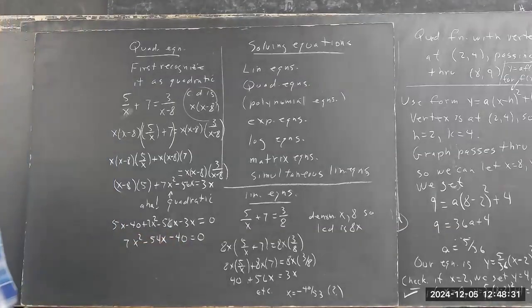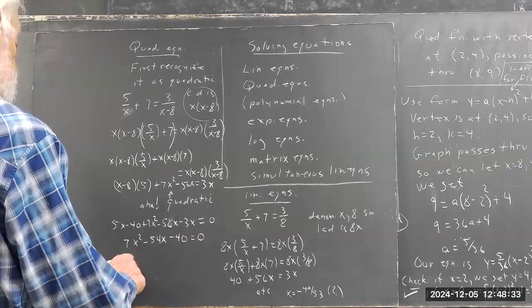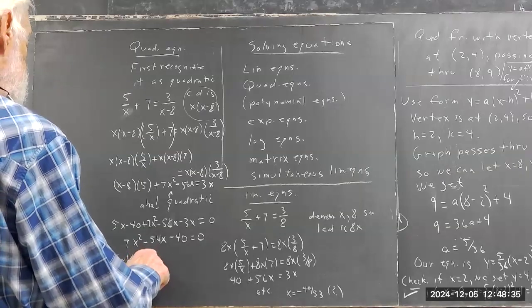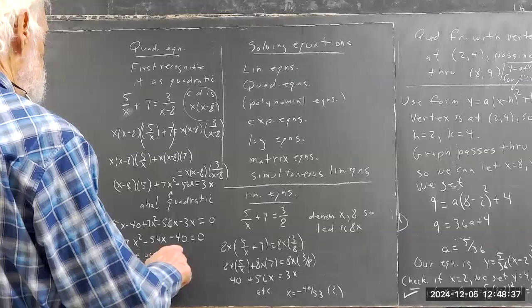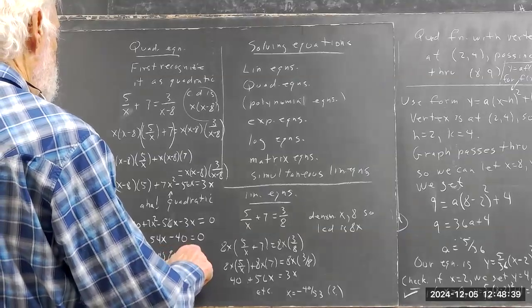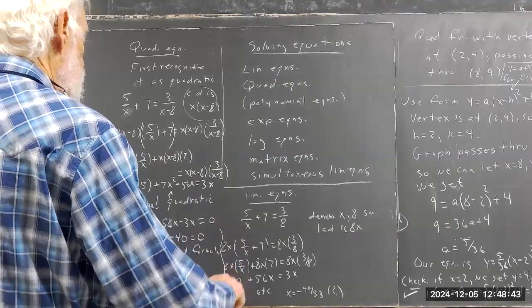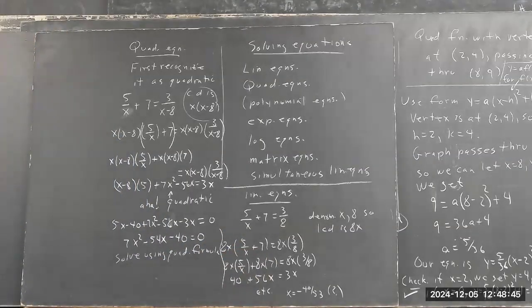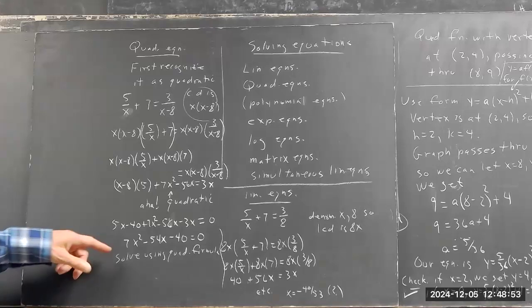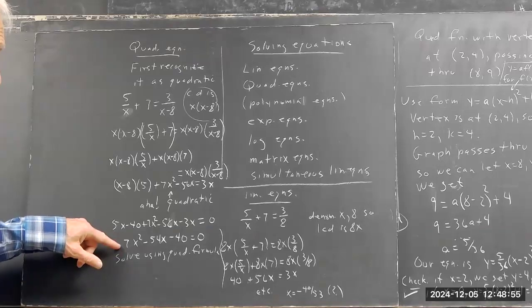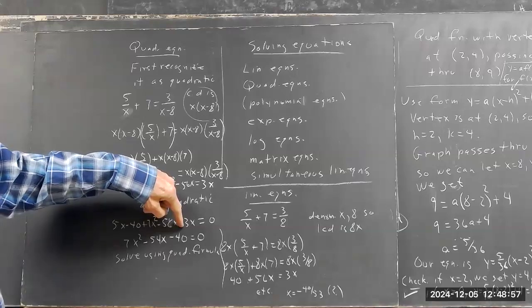So now how do we solve this? Solve it using the quadratic formula. You'll get a positive discriminant because your minus 4ac will have a positive value of a and a negative value of c.